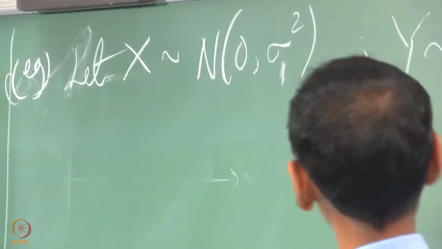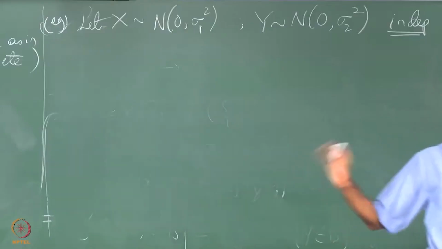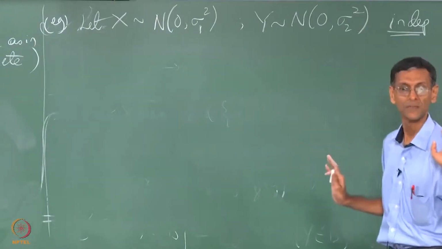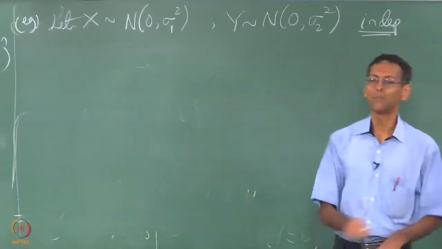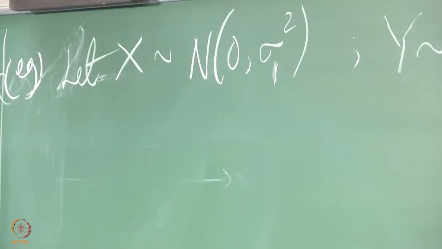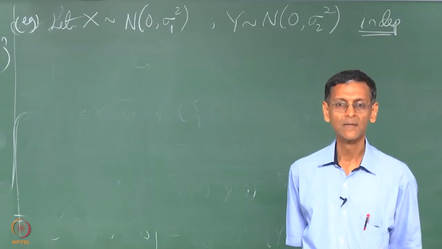I am just saying they are two independent random variables, which obviously means they are coming from two independent sources, two independent experiments. So if you now want to combine them, in this case what is omega x and omega y? Both of them are the entire real line.